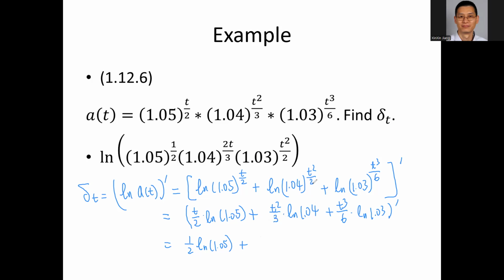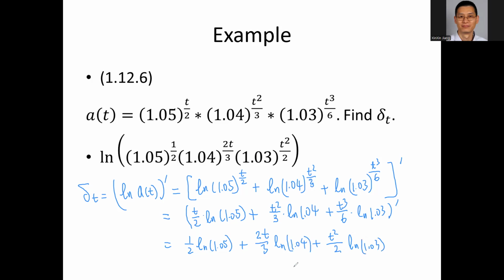I said 3, but I still wrote 2. And then I have 2t over 3 times log 1.04, plus, 3 into 6 can cancel out 3, you have t squared over 2 times log 1.03.